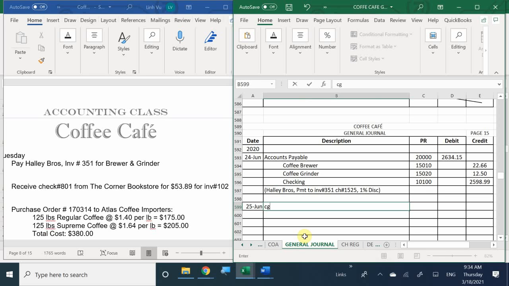Correct, right? This is a customer that we're dealing with. First off, we received money, and this is a customer paying off what they owe us. So it's accounts receivable. Account number 10100, and accounts receivable is, I think, 11000. And he wrote a check for the amount of $53.89.